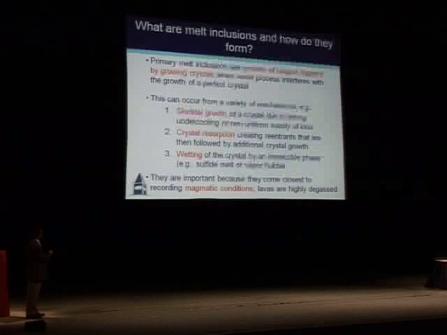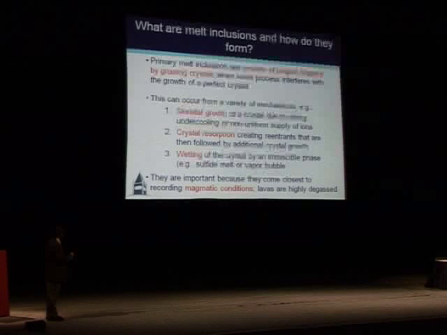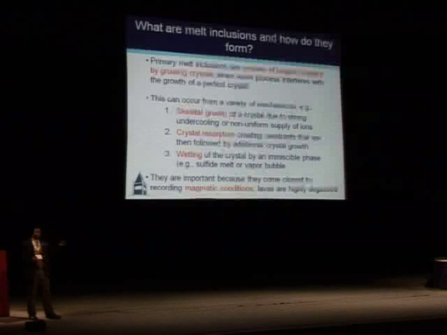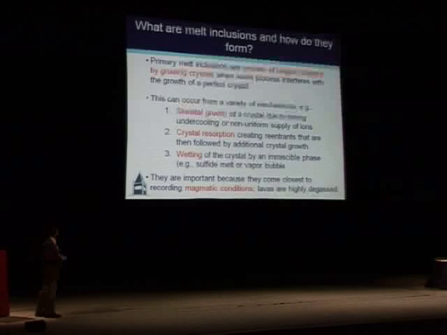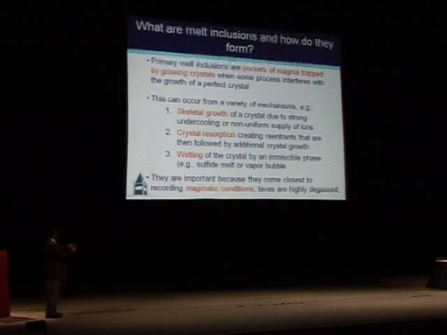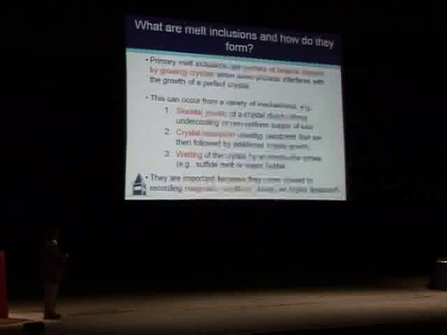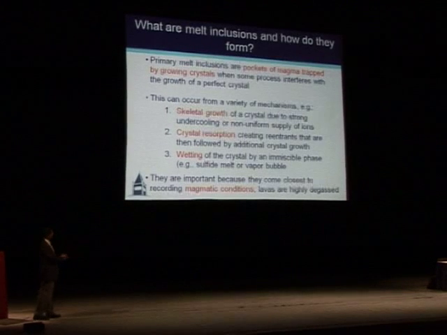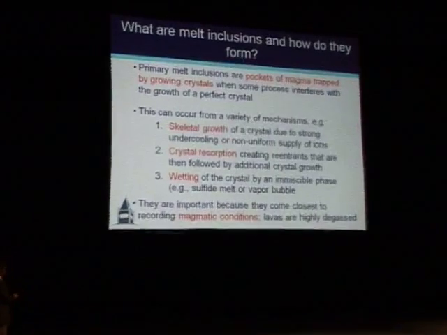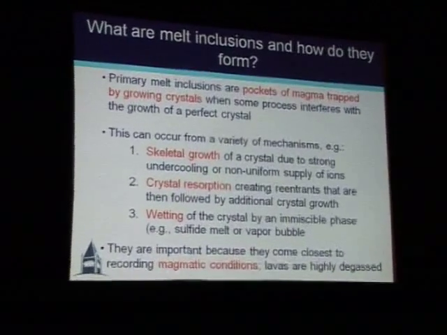So there's going to be skeletal growth, and skeletal growth of crystals can be triggered by any number of reasons, among which would be undercooling, as an example, or a non-uniform supply of the nutrients that are being used to grow the crystal. And the remaining magma at the time this crystal is forming is going to exploit those little pockets that are forming and be trapped as the crystal continues to grow.